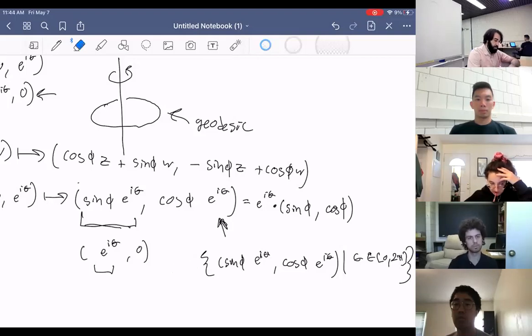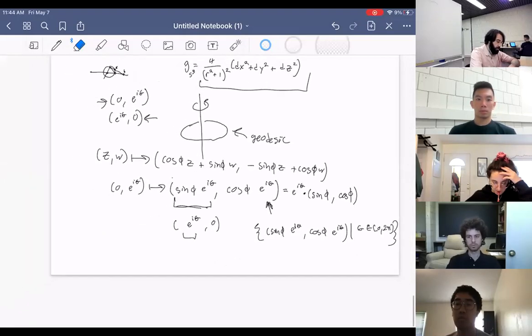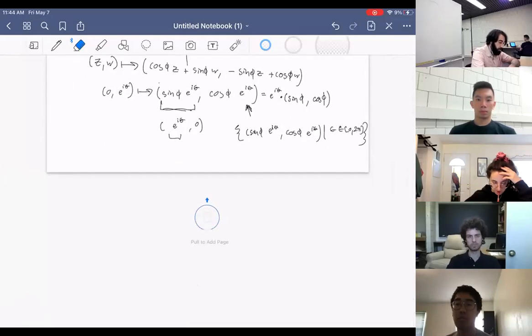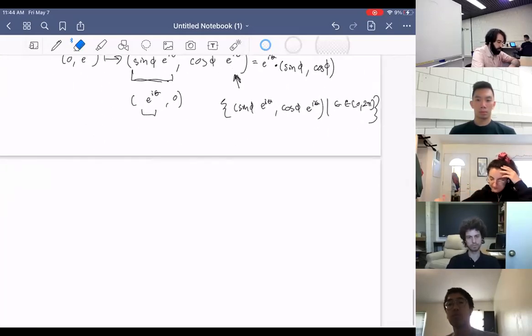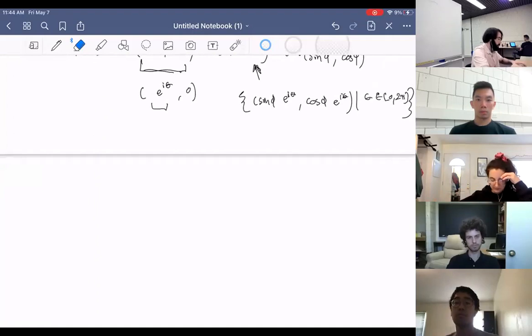This is going to be the orbit of a single point in the Hopf action, but it's also going to be a geodesic. So we have an isometric action whose orbits are also geodesics, which is quite rare.